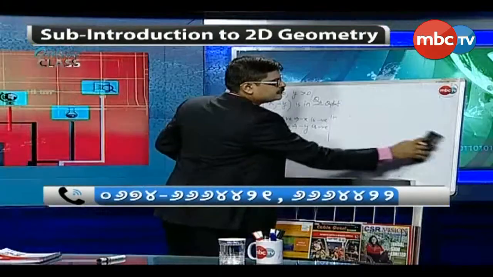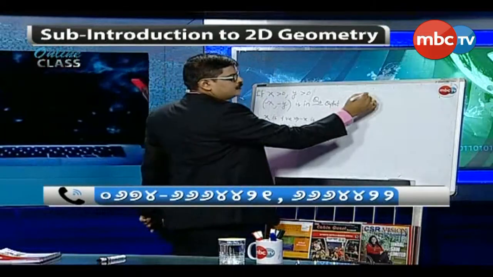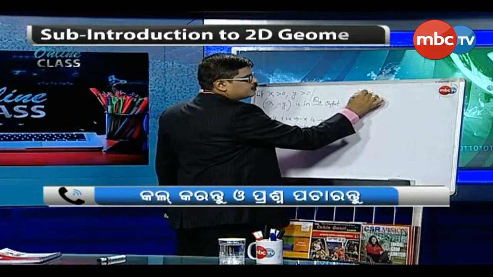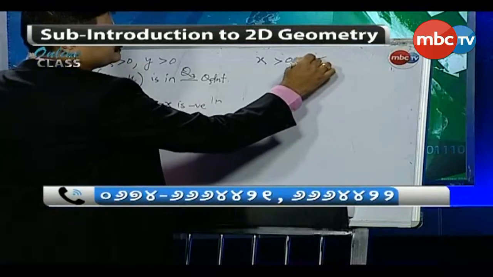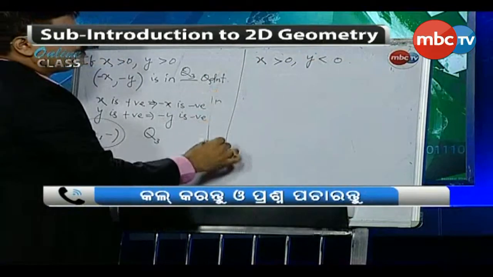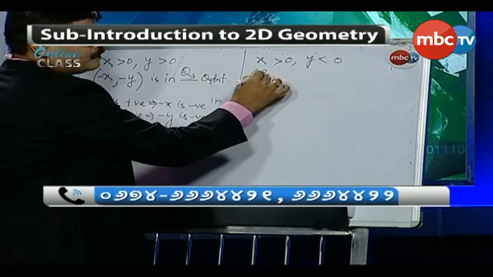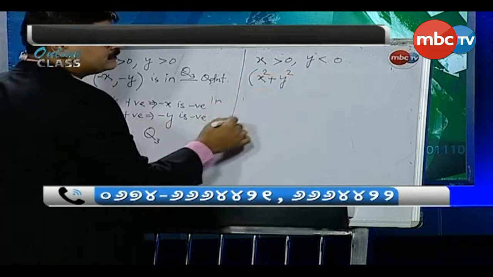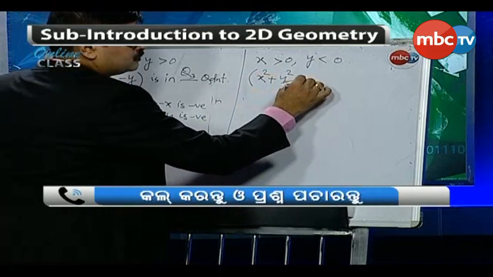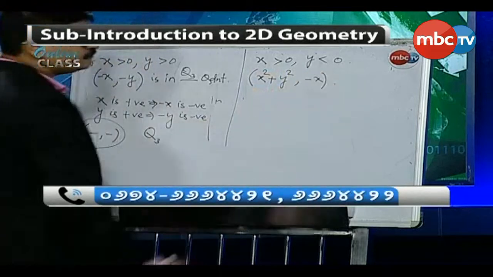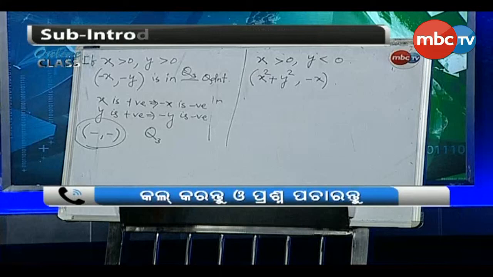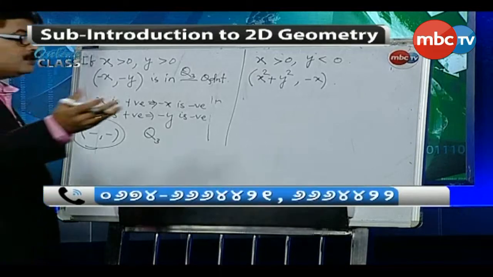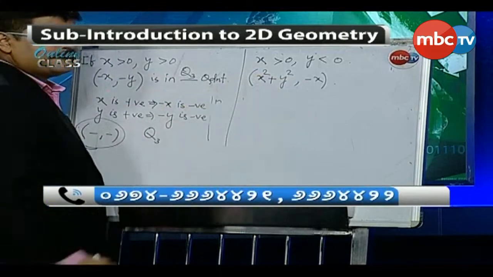Now, suppose x is positive and y is negative, then what about the point (x square plus y square, minus x)? In which quadrant does this point lie?